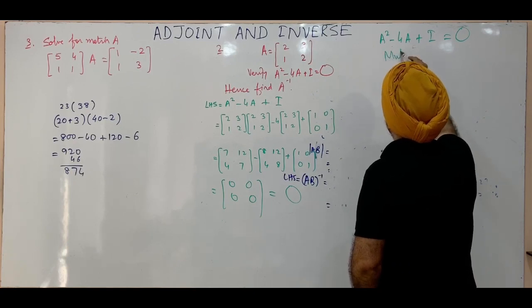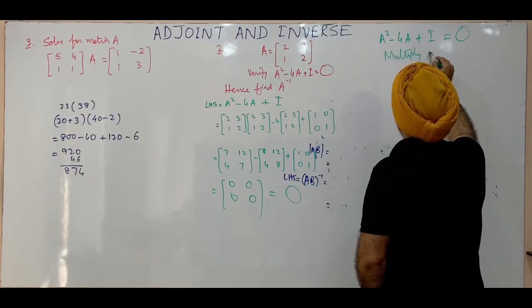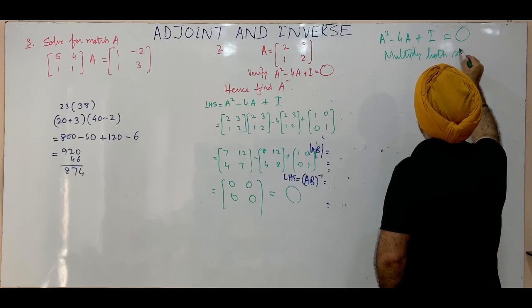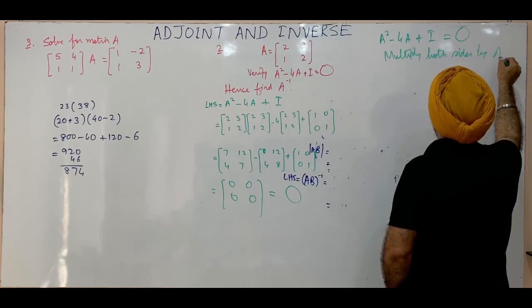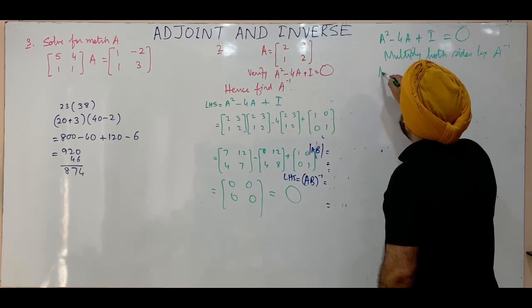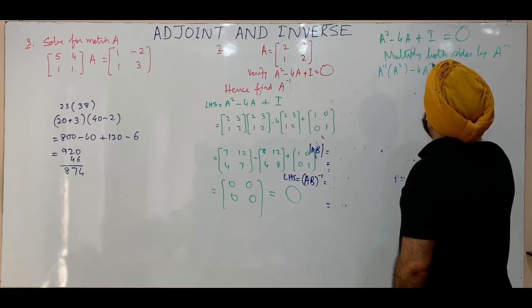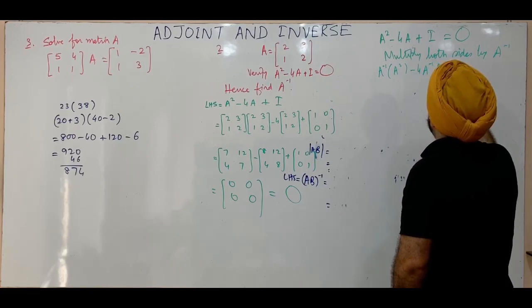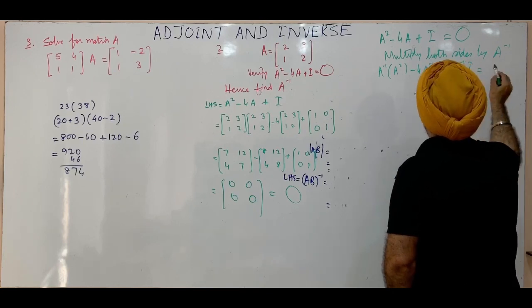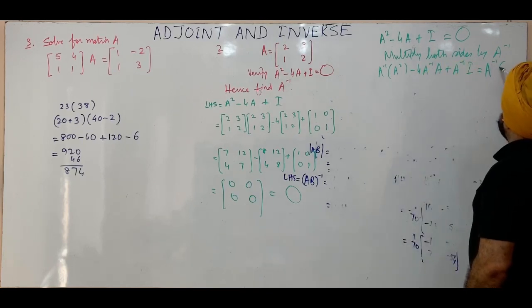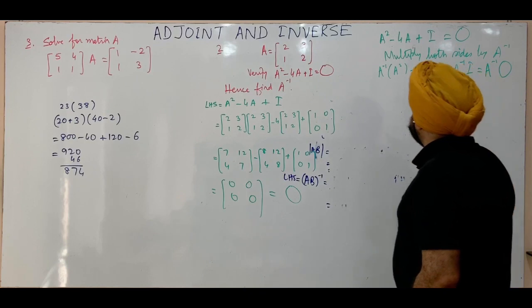Here we multiply both sides by A inverse. A inverse into A square. Next, A inverse into A, then plus A inverse into I. This is A inverse into null matrix.